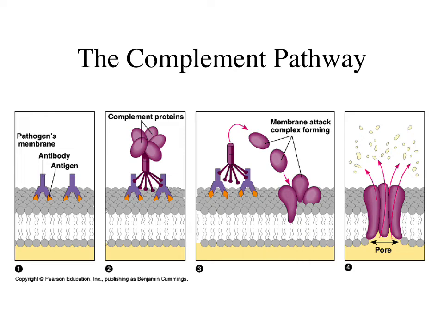When this happens, the complement proteins are activated, and they are released and attach to the membrane in a step-by-step sequence, forming a membrane attack complex, or MAC. The MAC forms pores in the membrane, which interferes with the physiology of the cell and ultimately causes cell lysis.